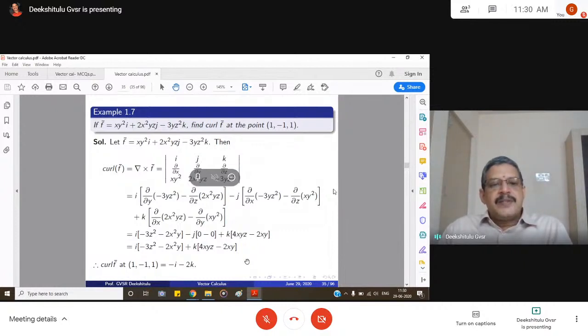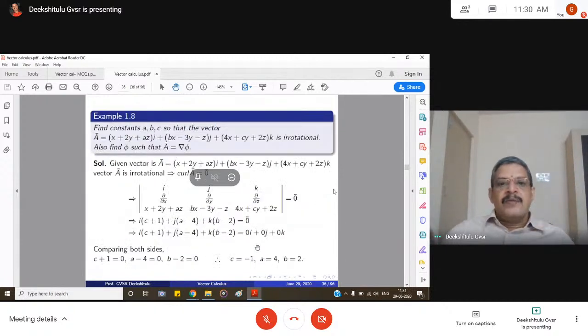So curl f bar is given by del cross f, the determinant with i, j, k, dou by dou x, dou by dou y, dou by dou z, and f1 = xy squared, f2 = 2x squared yz, f3 = -3yz squared. So i into dou by dou y of f3 minus dou by dou z of f2, minus j into dou by dou x of f3 minus dou by dou z of f1, plus k into dou by dou x of 2x squared yz minus dou by dou y of xy squared. If you simplify this, we get curl f at (1, -1, 1) equal to minus i minus 2k.